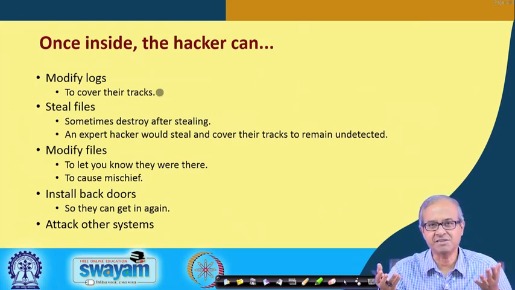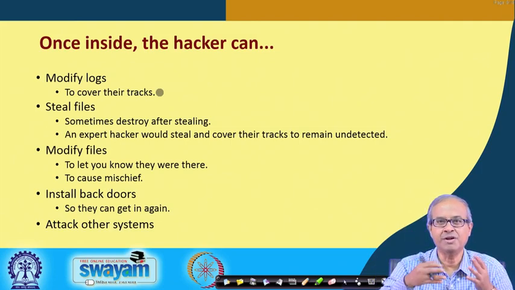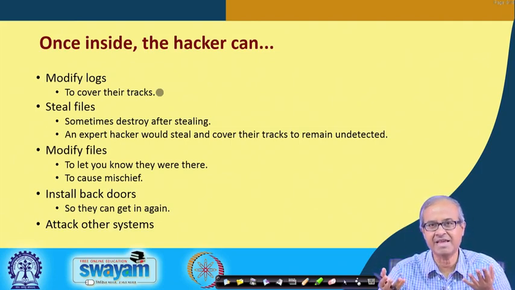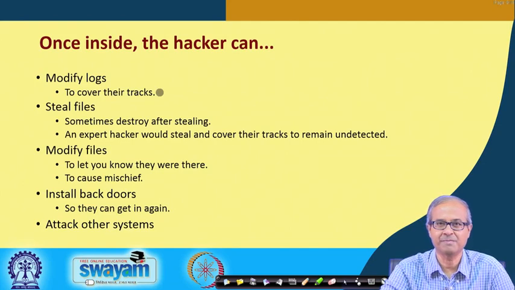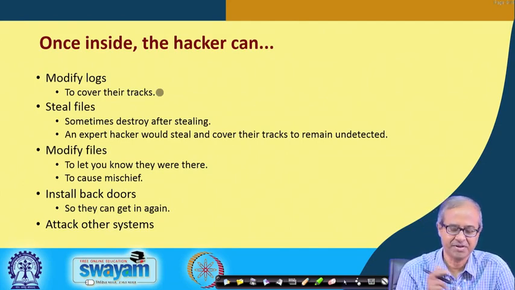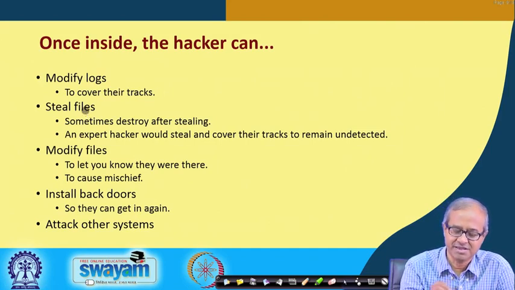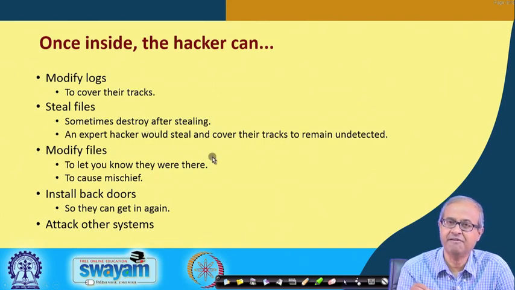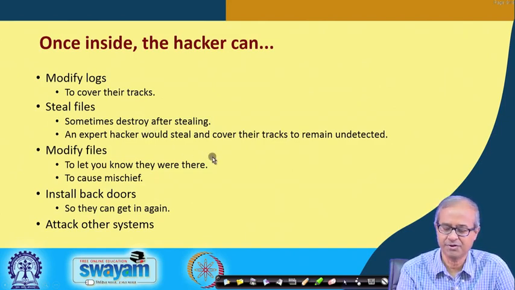So, if the system administrator looks at the log later on, they will not understand whether hacking actually happened or not. Some entries in the log file can be deleted. Some files may be stolen. Sometimes after stealing, the files can be destroyed also.